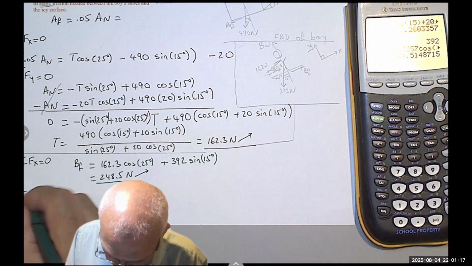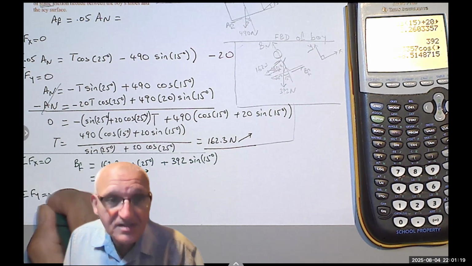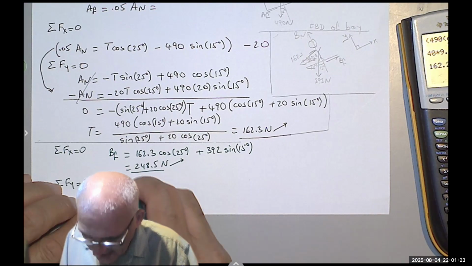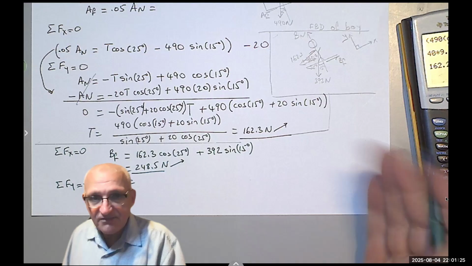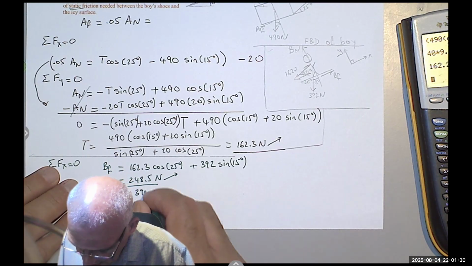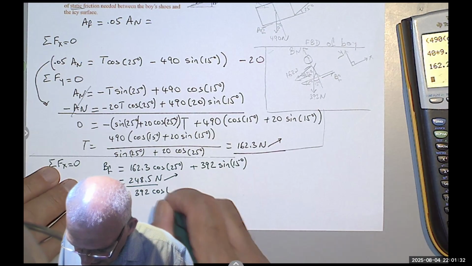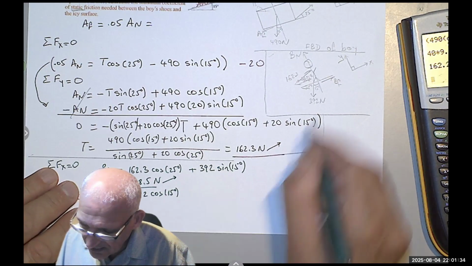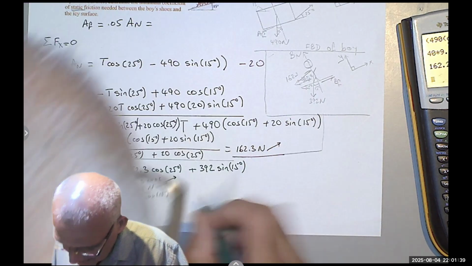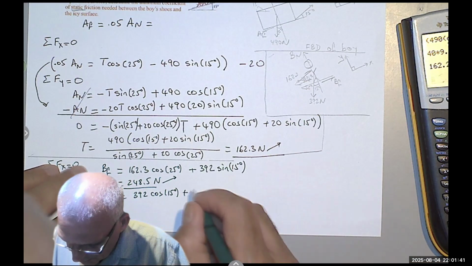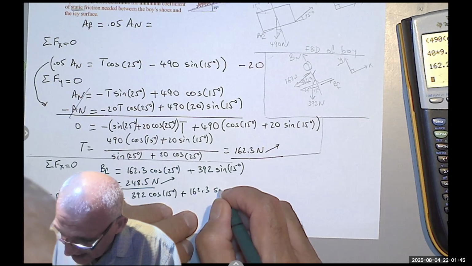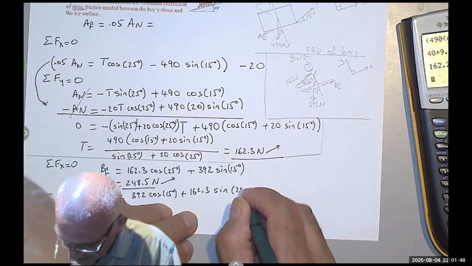And then summation of the forces in the y equals 0. I have B sub n going up, so anything going up after that would be negative. Anything going down would be positive. I have the 392 cosine 15 degrees, right? Plus, because that's going down, plus the 162.3 sine 25 degrees.